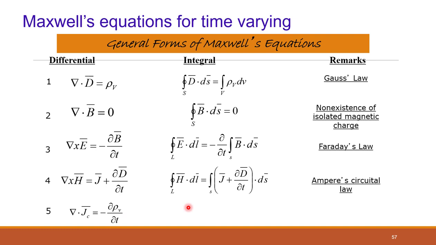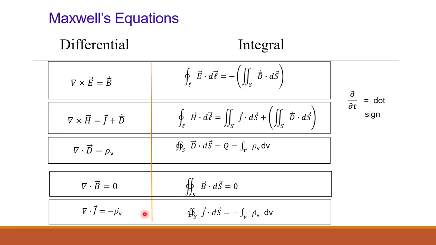After seeing all these equations, we are going to modify them according to the media. If the media is free space, then there are some changes, because for different media some parameters are 0, some parameters are high. So according to those, we are going to change the Maxwell's equations for time varying fields.